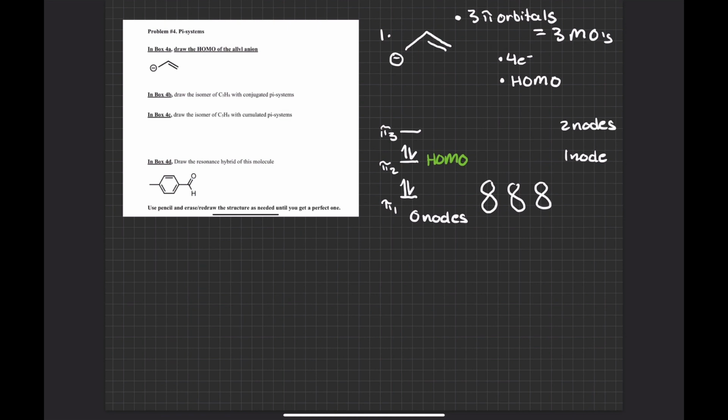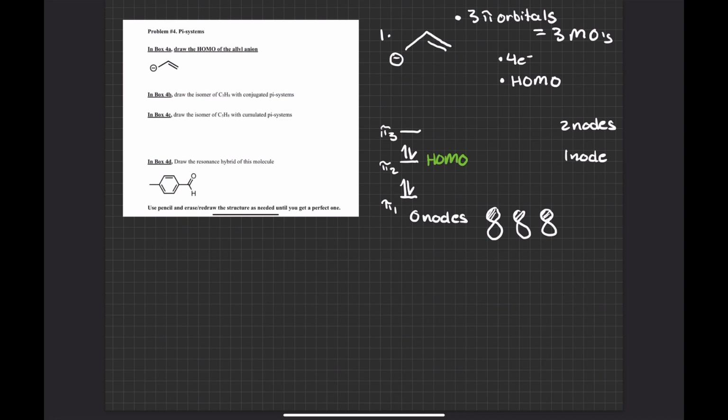Nodes are regions in which you will not find a density of electron clouds. So just to illustrate the first one, it has 0 nodes, meaning there is constructive interference and all the pi orbitals are in phase, meaning they interact with each other since they're facing the same direction.